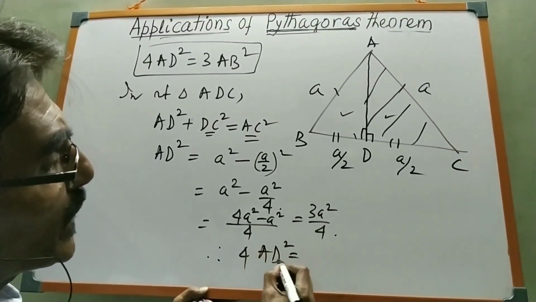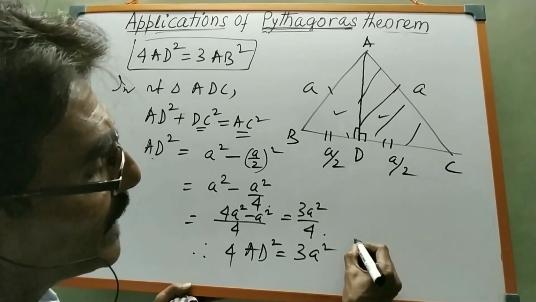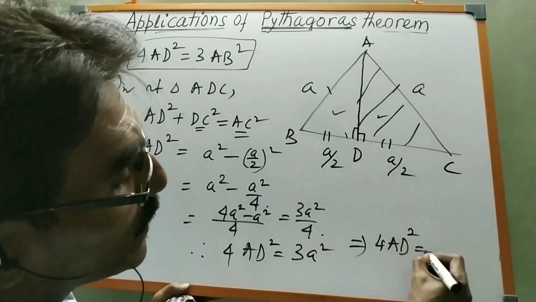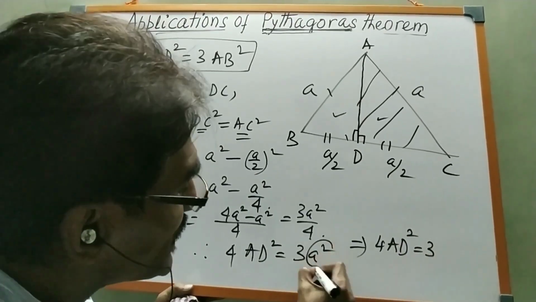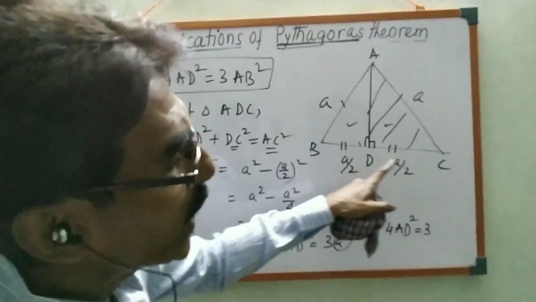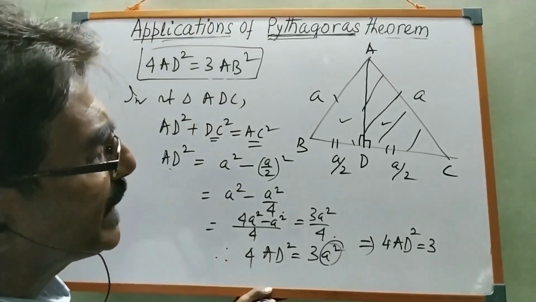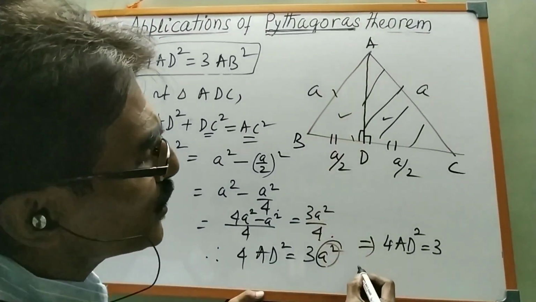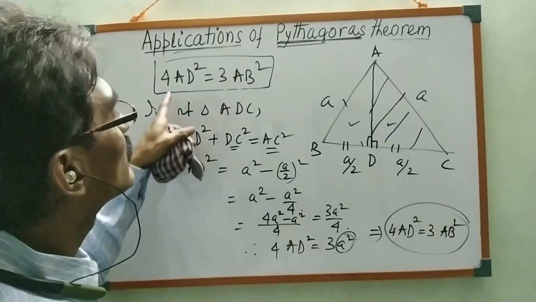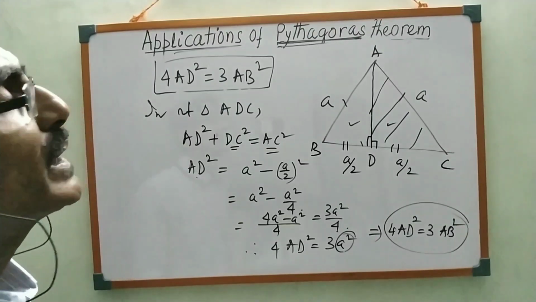Cross multiply: 4 into AD square equals 3 into a square. Instead of a, you can write either AB or BC or CA. In the question paper, when it is AB, small a also we can write as AB square. So this is the proof. Very simple. Now, one of the most theoretical questions.